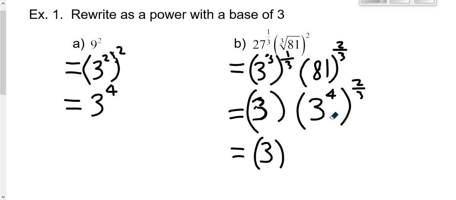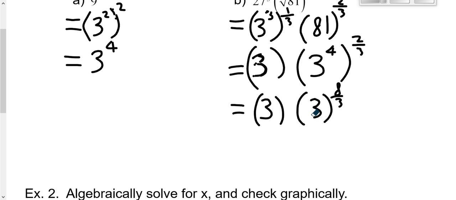For the second term, now multiply these two exponents together. 4 times 2/3 gives you 3 raised to the power of 8/3. And these two have the same base. And for this one, if you want, you can write down the exponent of 1 here.